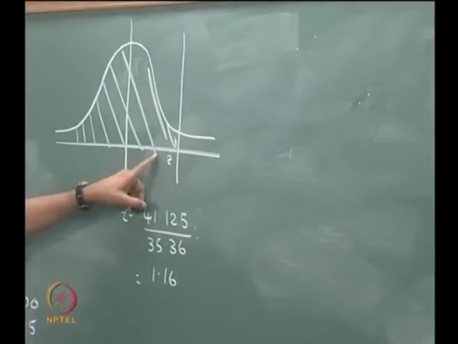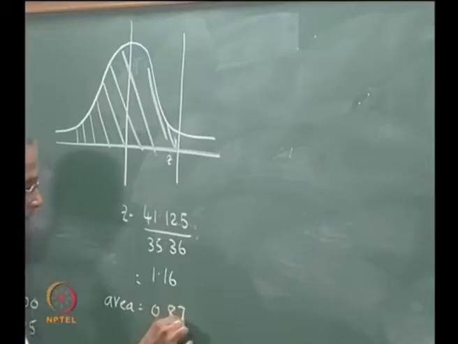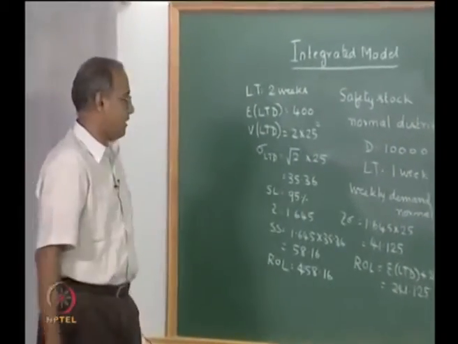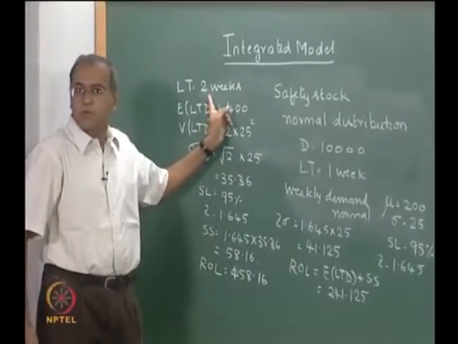For Z equal to 1.16, the area from minus infinity to Z in the normal distribution would be 0.877, telling us that our service level will only be 87.7% if we kept 41.125 and the lead time increased from 1 week to 2 weeks.